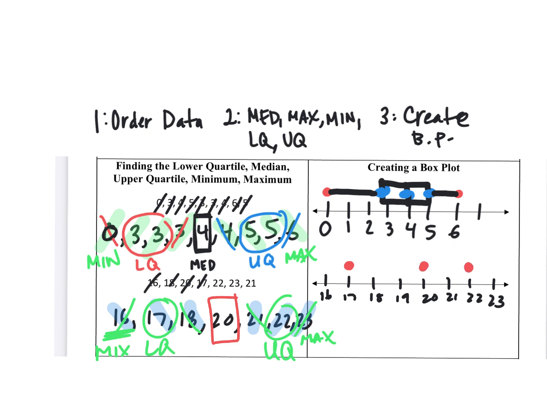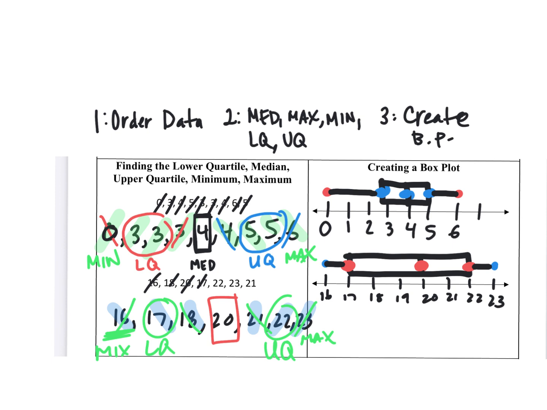Those are the ones we use to make the box. So here's my box, and I'm going to darken those red dots so you can see them. They go right in the middle of your lines. And then don't forget our minimum, which is 16, and our maximum, which is 23. And then you go ahead and put your lines. Your whiskers is what we call them.